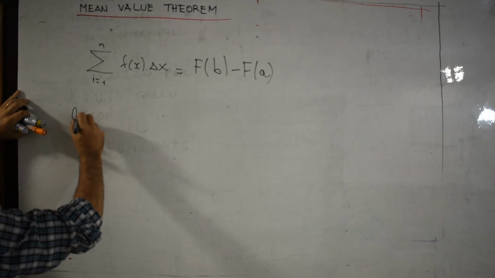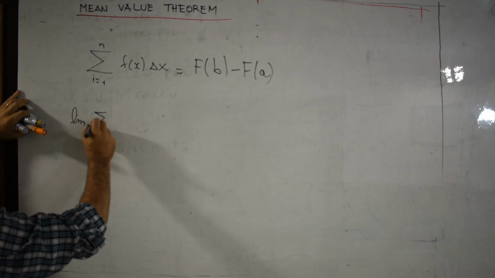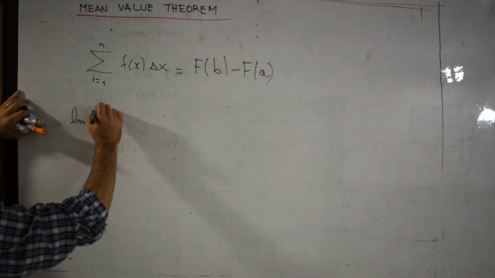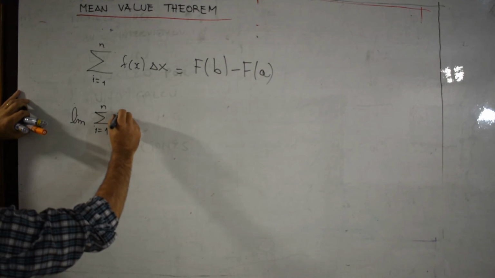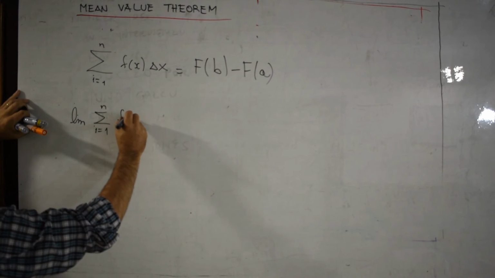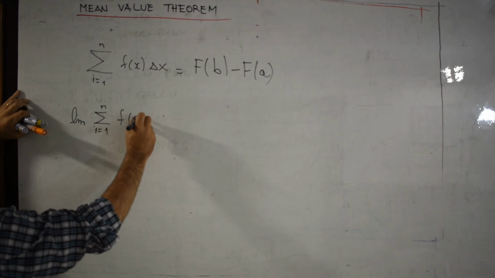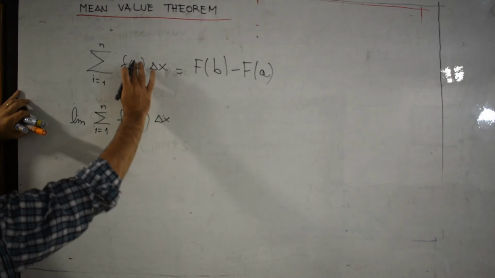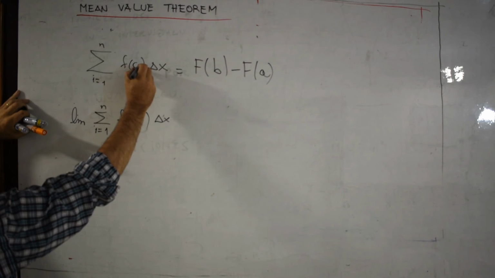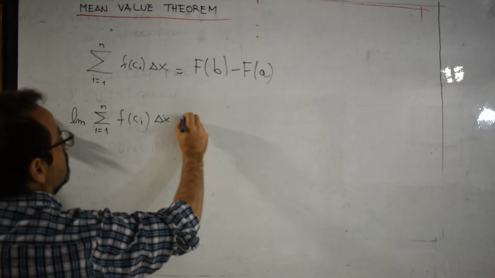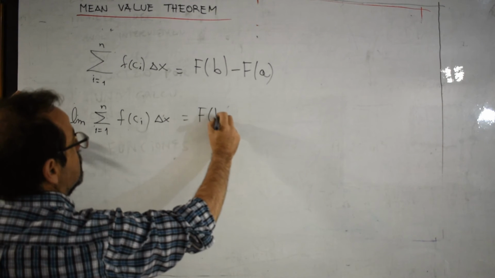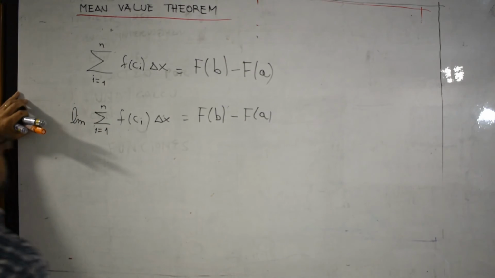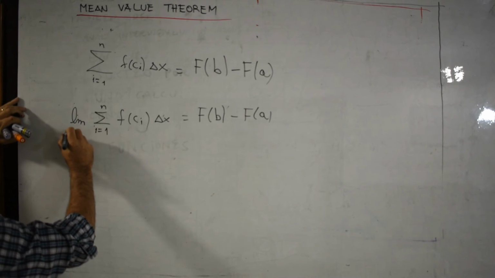So we write the limit of the summation from i equals 1 to n of f(c_i) delta x, sorry, here it was c_i, equal f(b) minus f(a) when delta x tends to 0.